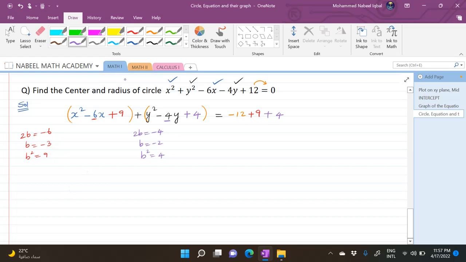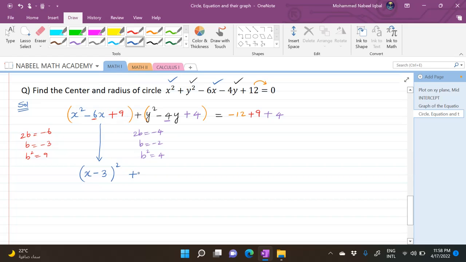So now what do we have here? What is the perfect square for this? Take the square root, you will have x, and as a sign here you will have minus. Take the square root, you will have 3: (x minus 3) whole square. If you expand (a minus b) whole square, you will get x square minus 6x plus 9.